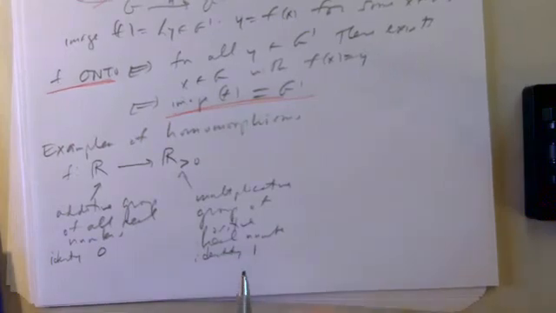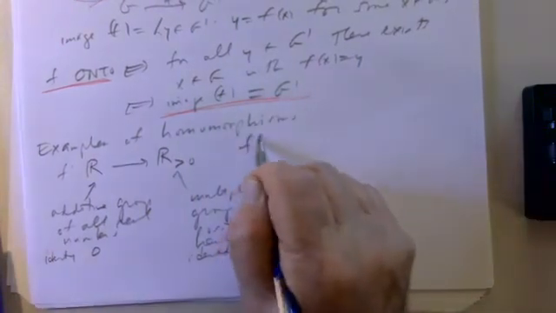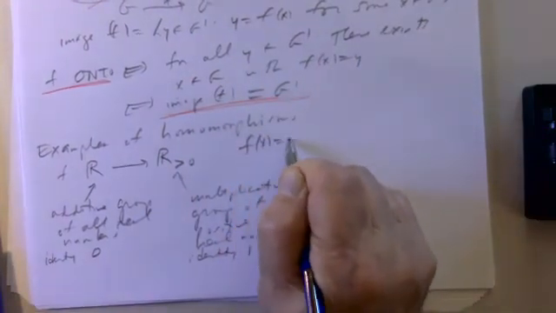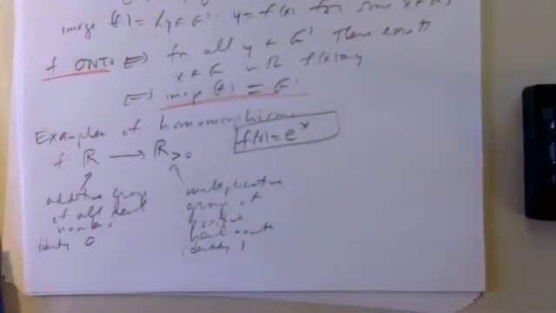For the additive group of all real numbers, the identity under addition is 0. For the multiplicative group of positive real numbers, the identity is 1. So what's an example of a homomorphism? F of x equals e to the x. Your beloved exponential function from calculus.